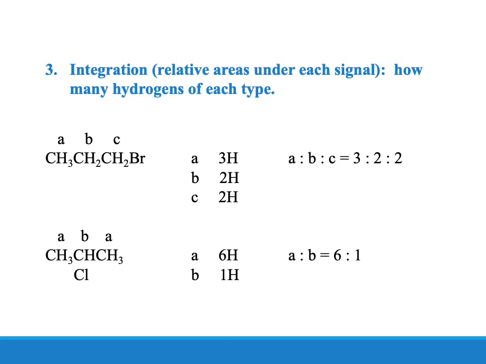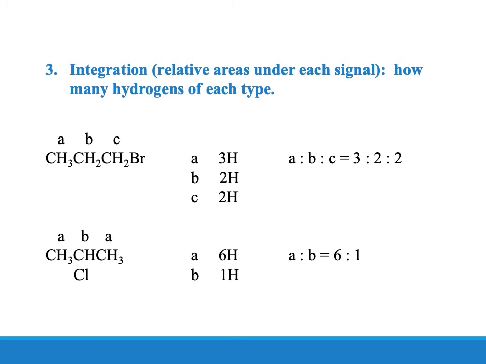So in integration, or relative area under each signal, we see how many hydrogens of each type. You see that we have A, B, C types of hydrogen. For A, we have 3H. For B, we have 2H, and for C also 2H.